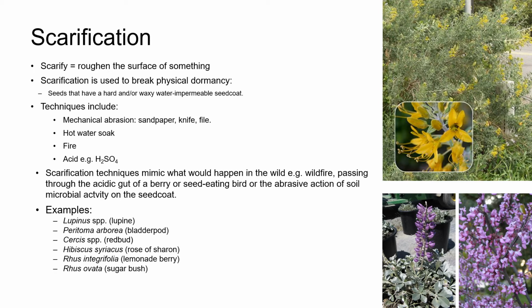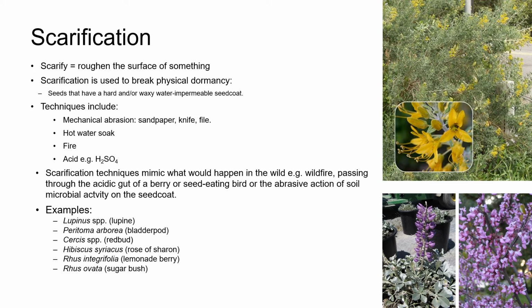Techniques that we can use include mechanical abrasion, hot water soak, fire, and acid. And these techniques mimic what would happen in the wild. For example, wildfire, a seed passing through the acidic gut of a berry or seed-eating bird or other animal, or the effect of soil microbial activity breaking down the seed coat.